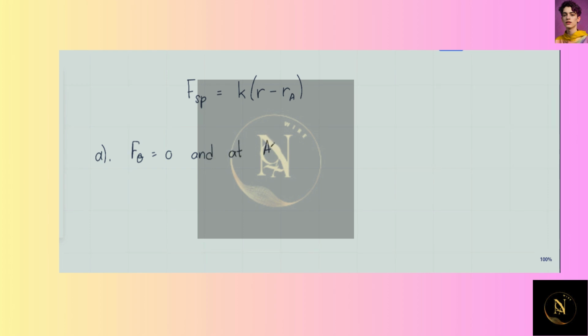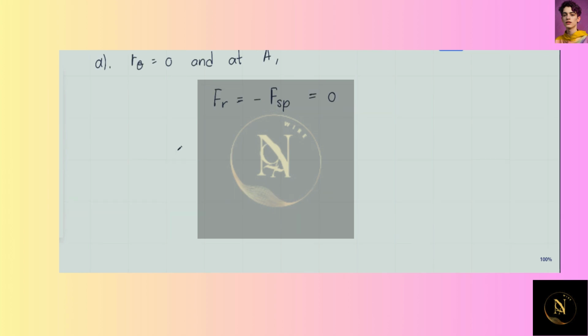And at A, the radial component of the force, so this force always only has a radial component, but at A, this radial component is minus F due to the spring, and this force is equal to 0 as the collar is held constant.